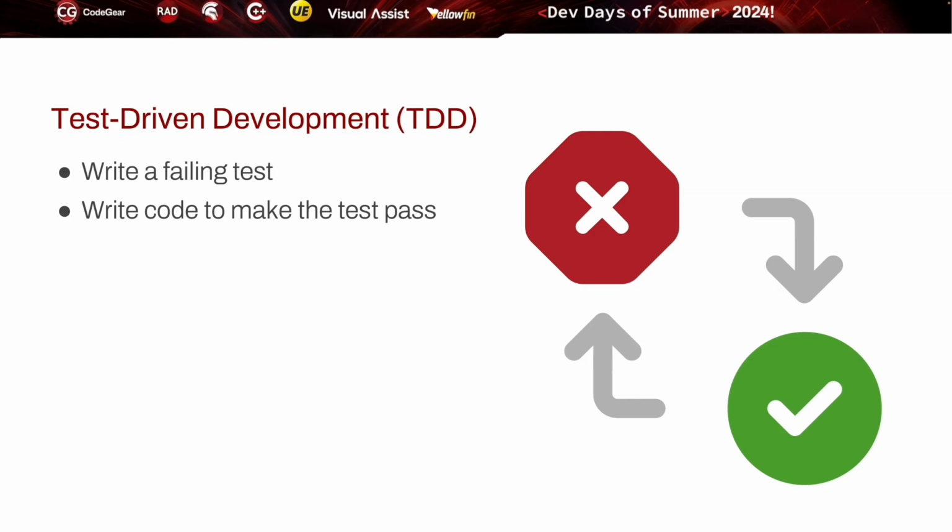In its simplest form, you don't write any more than you need to just to make that test pass. And then you refactor. So you look at what you've done and you improve the code, and you make sure that the tests keep passing. And then you repeat. You do it all again. And it's a cycle. It's a very short cycle if you're doing it properly, that's constantly giving you feedback, making sure you know that what you're writing is working.